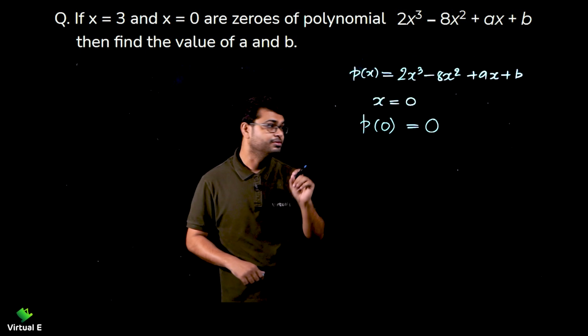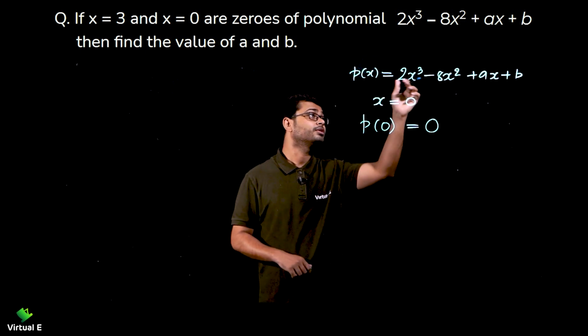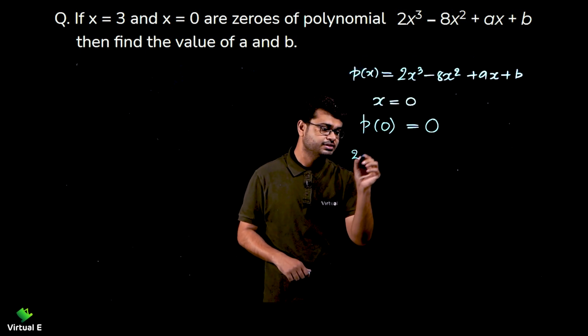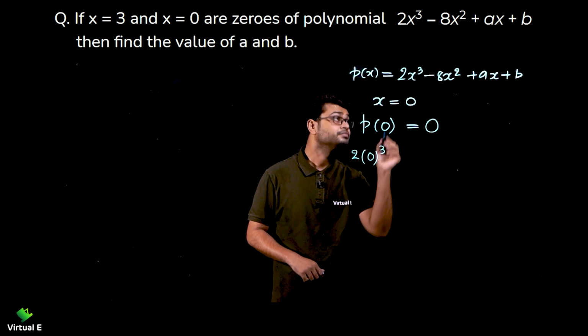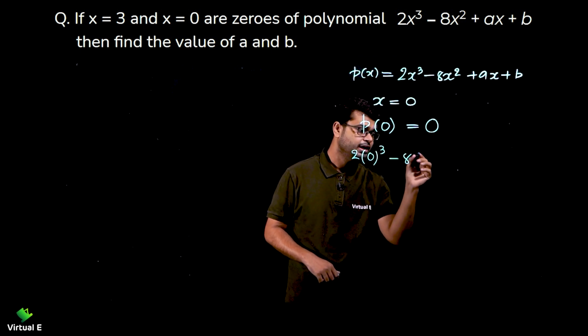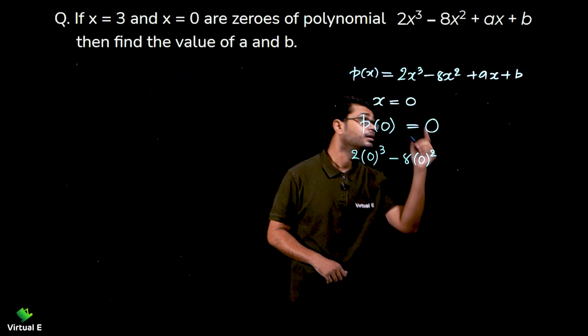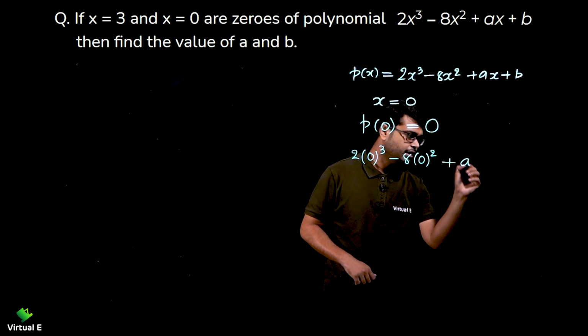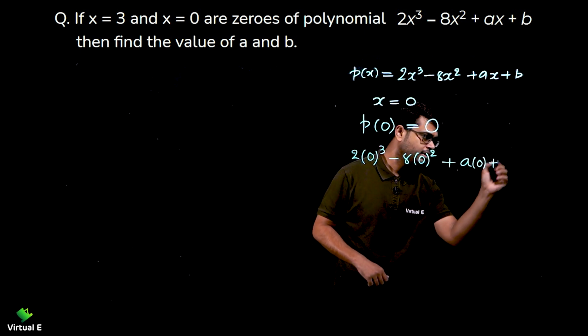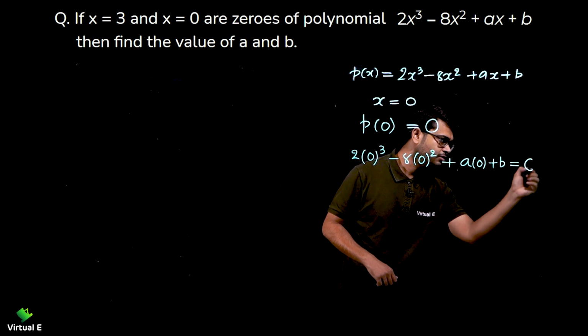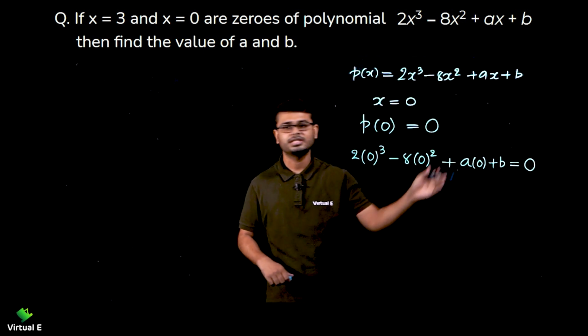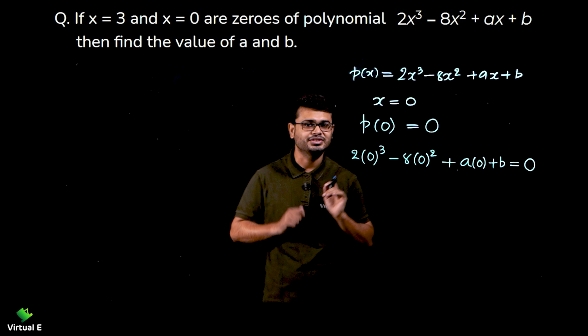Remember. Now let's start here, 2x cubed. So we can write 2 into 0 cubed, then minus 8 into 0 squared, plus a into 0, plus b is equal to 0. Don't forget this 0. The equation is important, then only you can solve it.